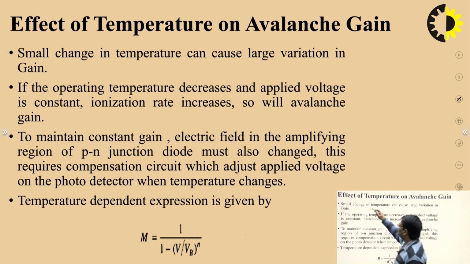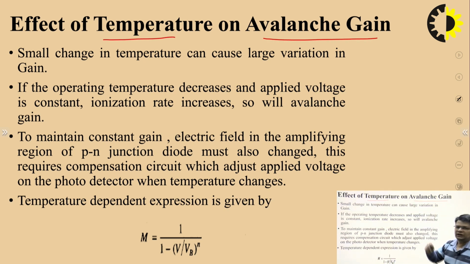So today's first topic is the effect of temperature on the avalanche gain. Basically we have studied that in the optical receiver the first component available is the photodiode, and examples of photodiode can be either PIN photodiode or it can be APD.